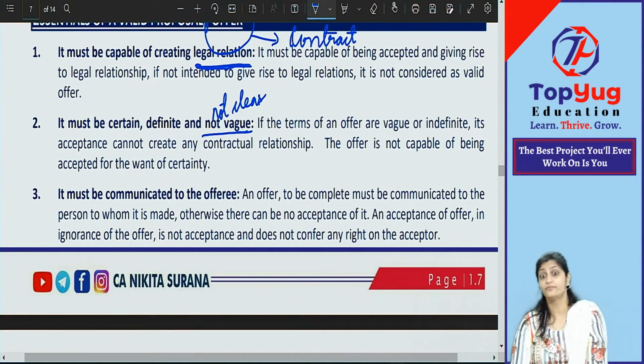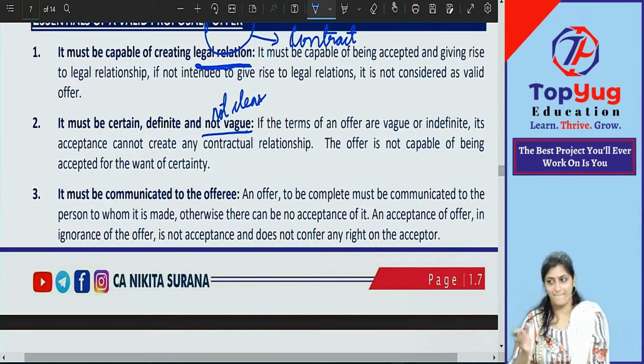What? What are they talking about here? Elements of what? Offer. Terms of offer.